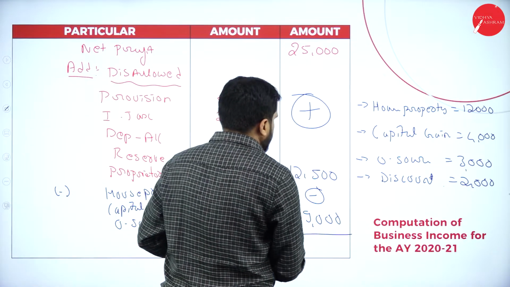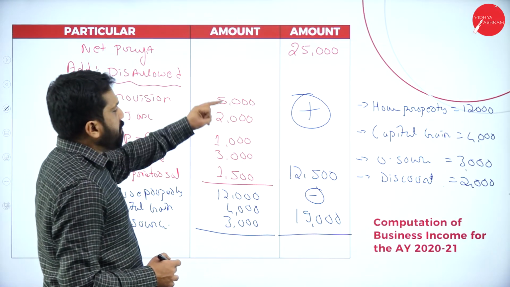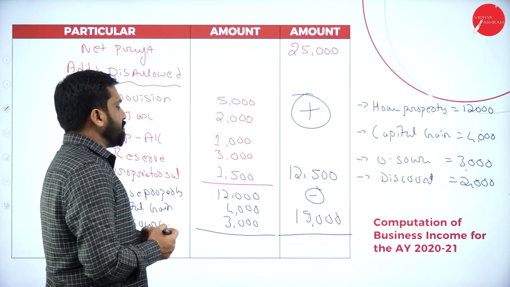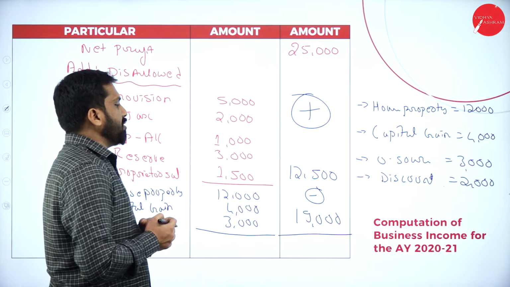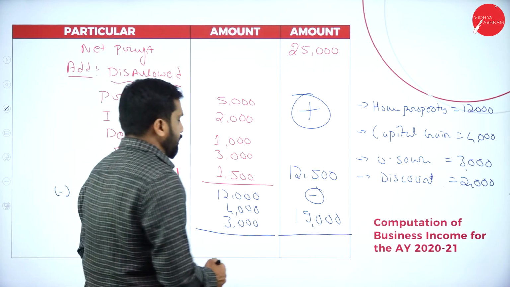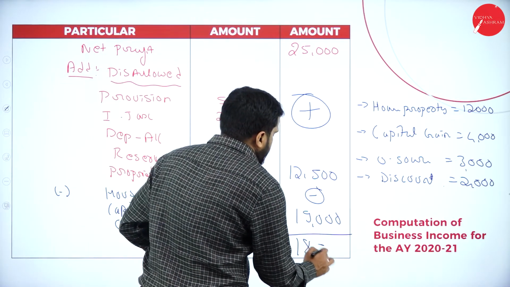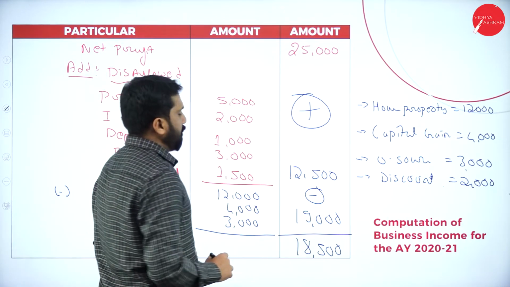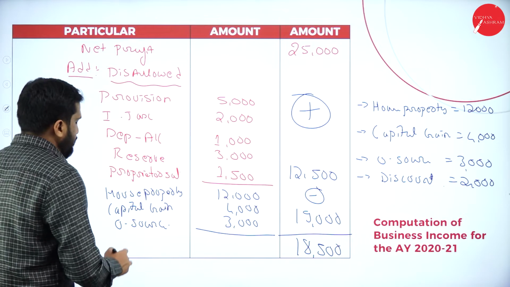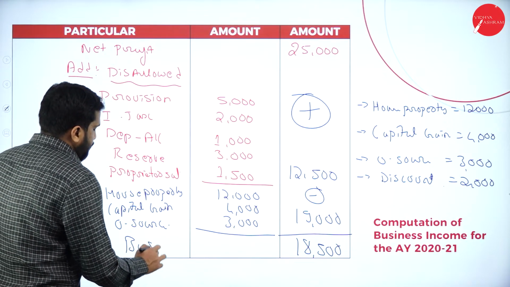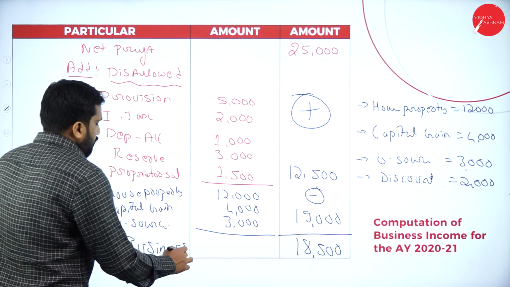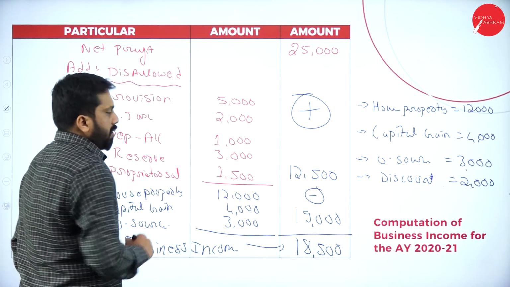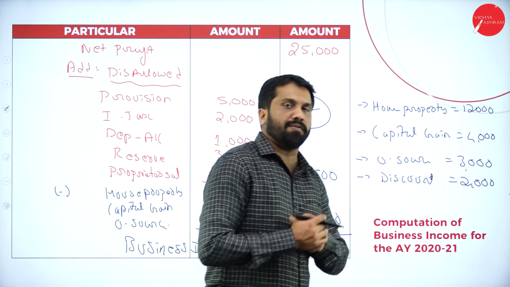How much? It will be 18,500. Yes, 18,500 is your business income. Hope you're clear. Like this, you're supposed to find out.